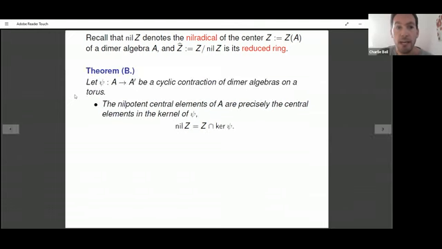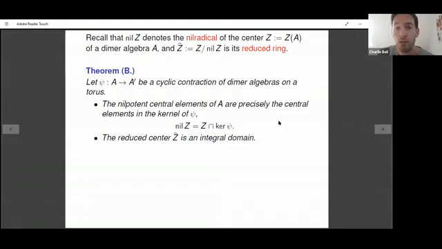Then the theorem was that if psi is a cyclic contraction of dimer algebras from A to A prime on a torus, where A is non-Noetherian and A prime is Noetherian, the nilpotent central elements of A are precisely the central elements in the kernel of psi.